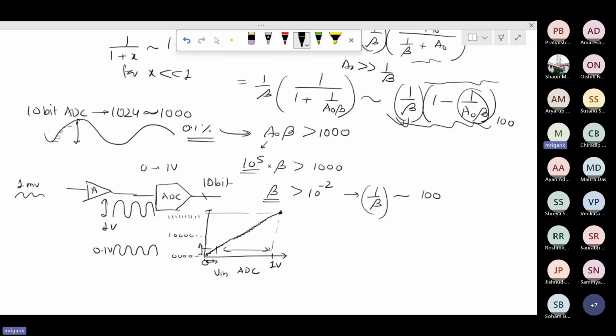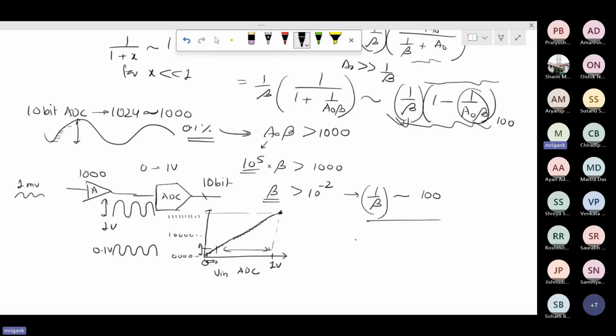Now, if that is the scenario, the net gain required in this case is 1,000. But I can't say that you take this open loop amplifier and put R1 by R2 equal to 1,000 and then you will get the gain. That is not good, because here there is a constraint that 1 upon beta should be less than 100. That means your overall closed loop gain for a single stage should be less than 100.